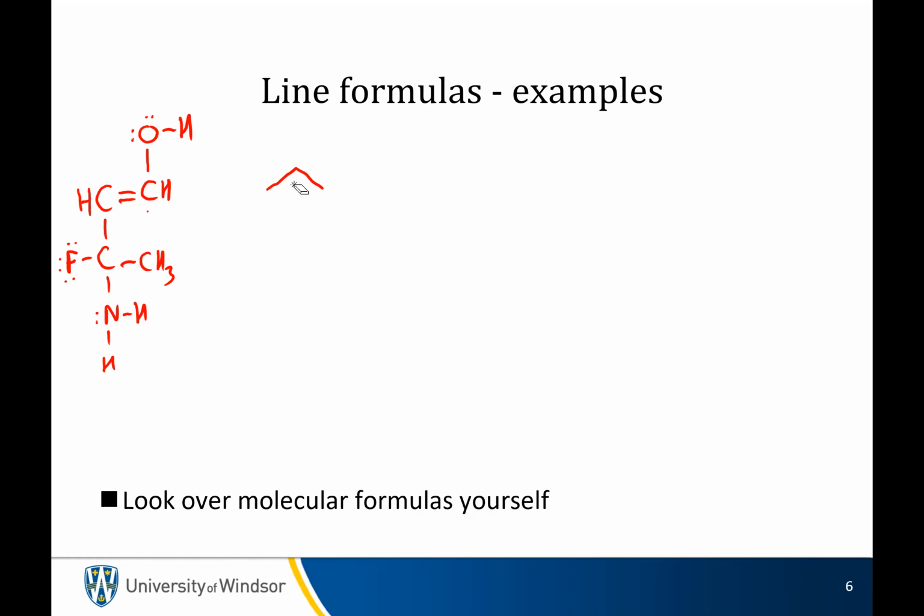So ideally we want that, and we often want to draw these horizontally. It doesn't matter too much. But what I normally want to do is draw the carbon chain as a zigzag. And zigzags are fun.